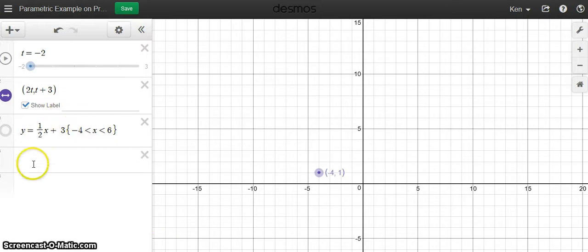So here we've got the parametric equations, 2t for x, t plus 3 for y. And here's the ordered pair. So when t is negative 2, we get that ordered pair. And then t is negative 1, 0, sorry, t is 1, now t is 2, and t is 3. So we get these sets of ordered pairs.